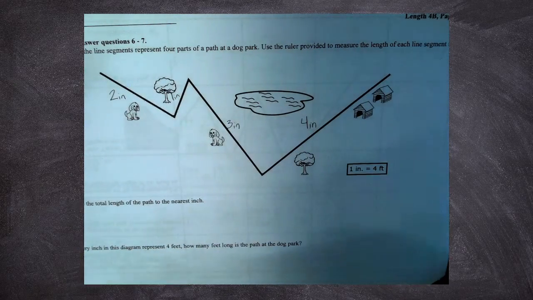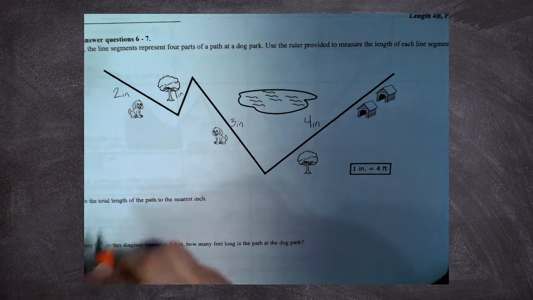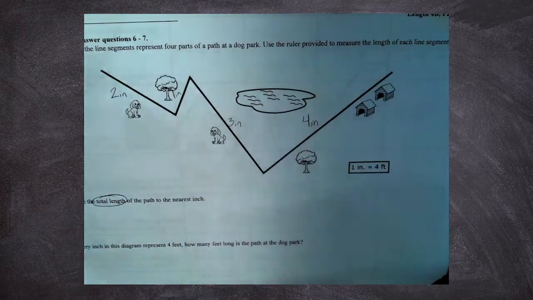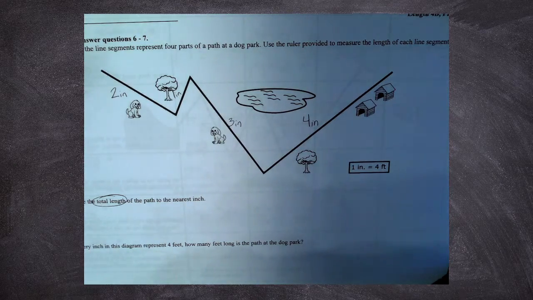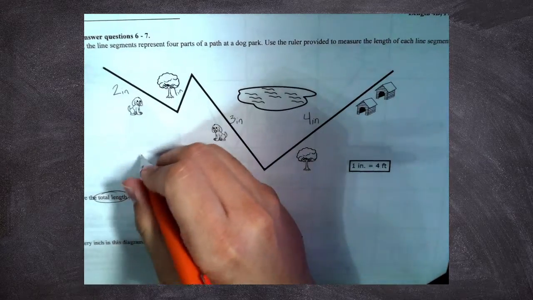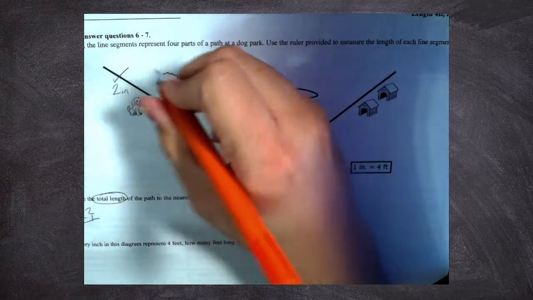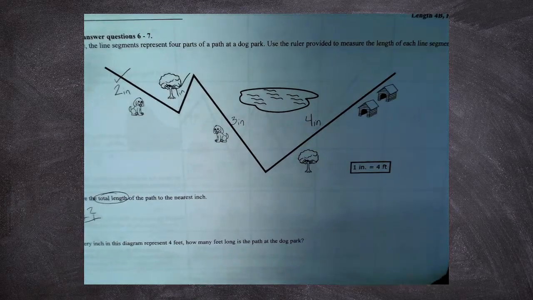Question 6 says, measure the total length of the path to the nearest inch. Total length just means that if I took all these lines and I stuck them end to end, how long would it be? We can add these up. 2 plus 1. What's 2 plus 1?